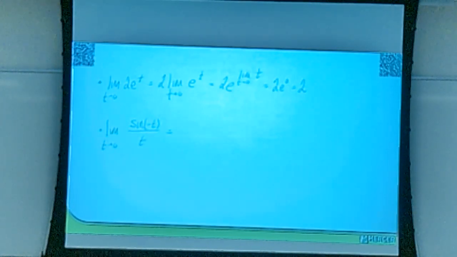Now this is a quotient. But the problem is, what's the limit of the denominator? 0. Which means you can't do it. So that doesn't work. So you can't break it up that way. But isn't this form kind of one of those special forms?